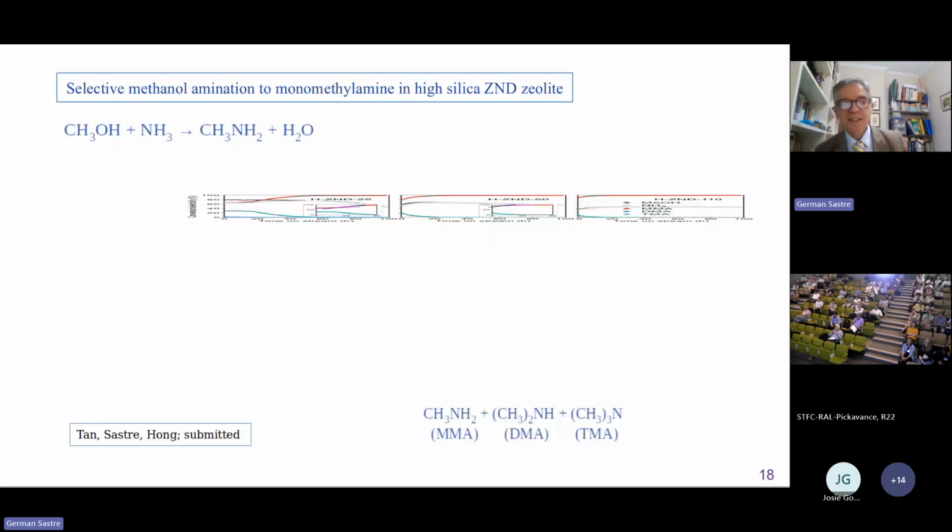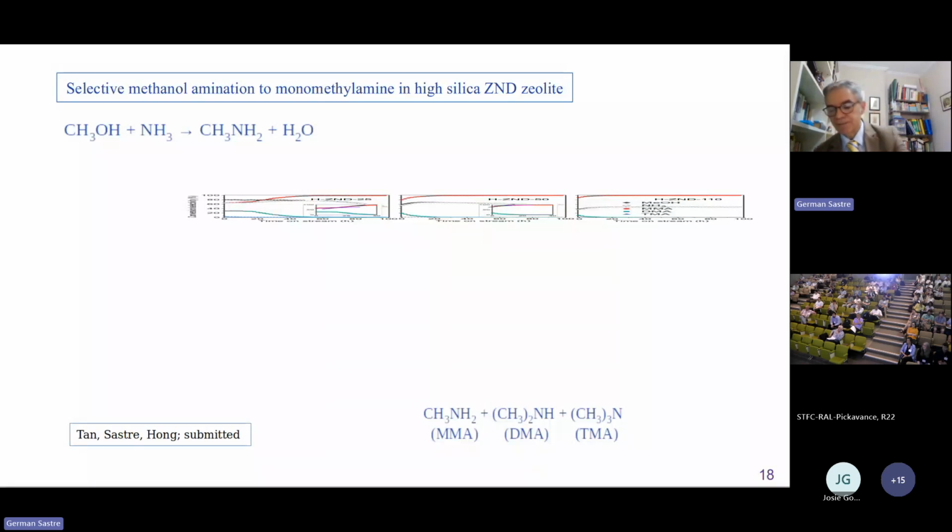So in this study, when we increase the number of acid sites, from the left to the right, the conversion of the reaction does not drop, and also even the selectivity to monomethylamine increases when the number of Bronsted sites is the smallest. And therefore, we thought that something else apart from the mechanism based on Bronsted sites is at play.